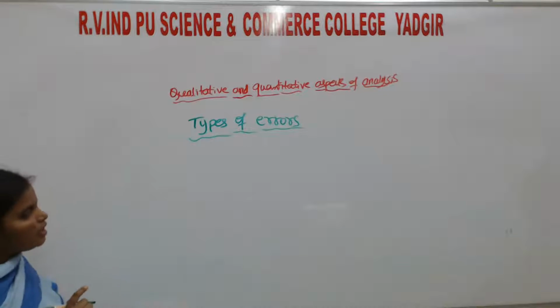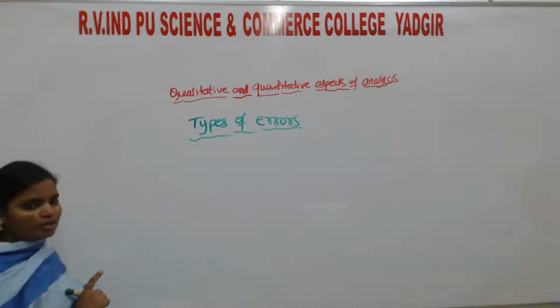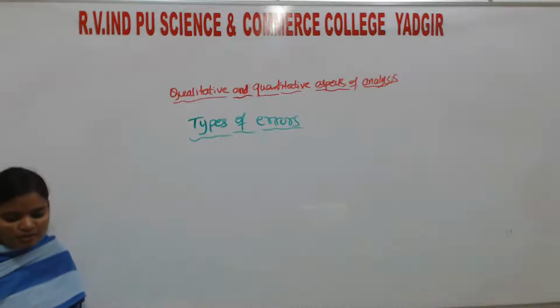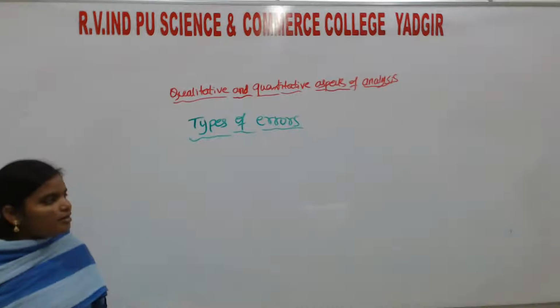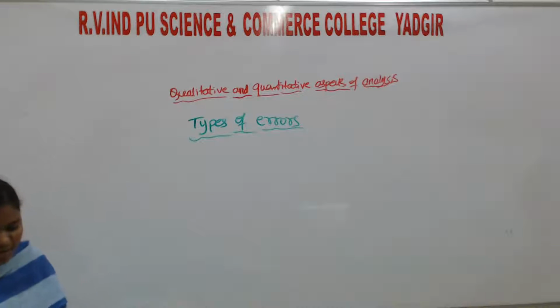The errors that affect an experimental result are conveniently classified into 5 categories.